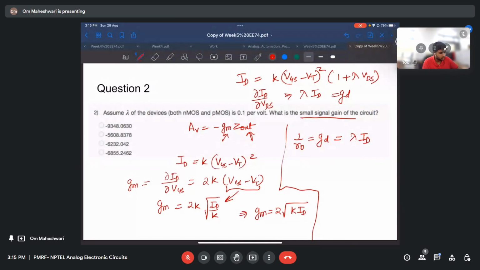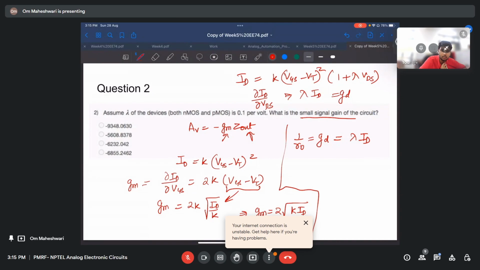Excuse me, sir. Yes. Why do we not use the lambda factor in solving GM? You may use it, but it will just complicate things, so we avoid it. Let's say that will be more correct. Yeah. Then GM is approximately equal to 2 under root K ID.